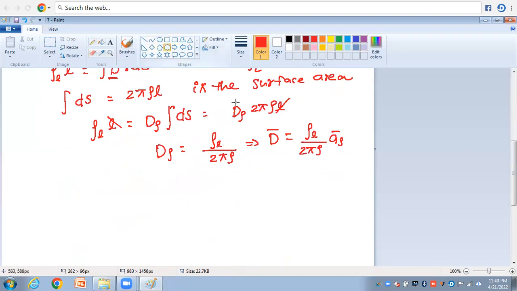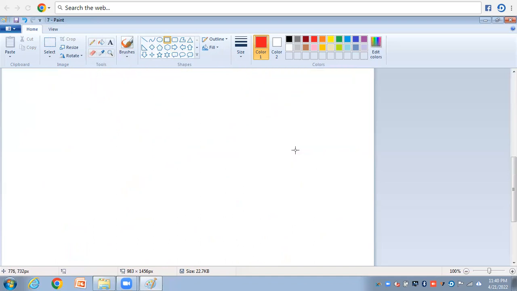Then I will go with the infinite line charge. This is another one: D bar equals rho L by 2 pi rho into a rho bar. Then I will go with the remaining two applications. One is the infinite sheet charge.